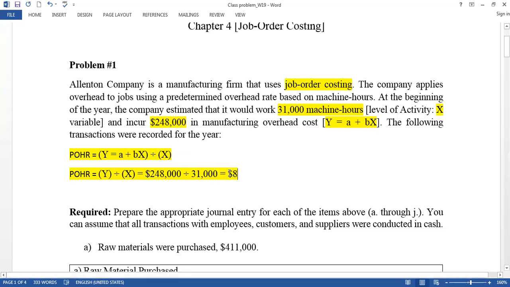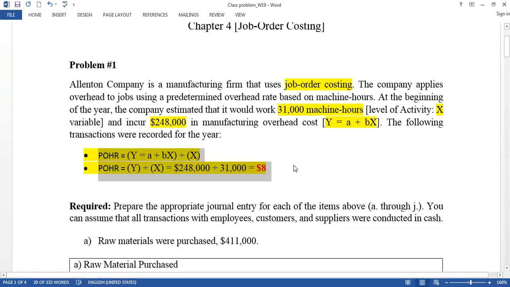So we find the predetermined overhead rate is $8. This is the brief calculation you have to do.